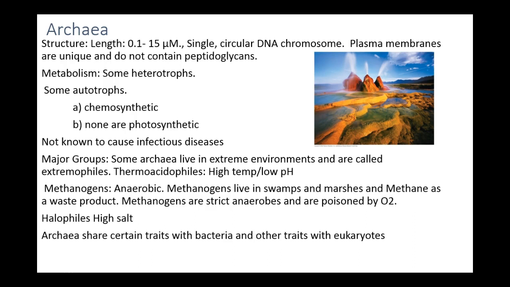The outside layer of the archaea tends to be a lipid glycan. Some of them are heterotrophs, so some of them actually will eat their organic material. Some are autotrophs, some are autotrophs with regard to chemicals. None are photosynthetic, which is kind of interesting, and they aren't known to cause diseases that we know of.